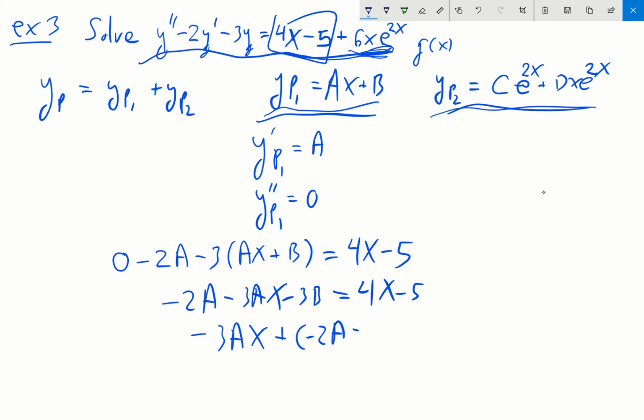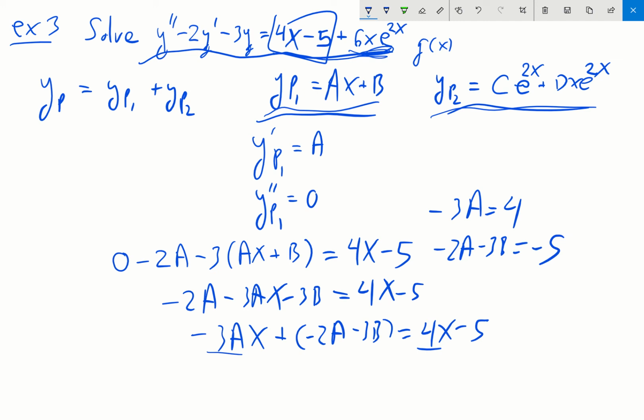Setting the equations equal, we get negative 3a equals 4, and negative 2a minus 3b would be equal to negative 5. And then from there we could go ahead and solve for a and b.